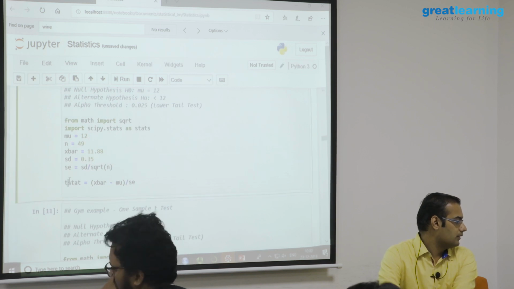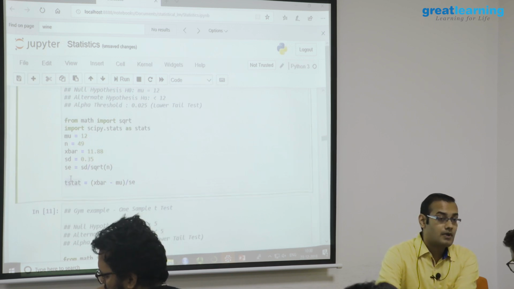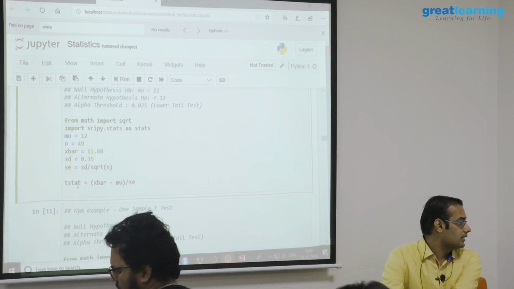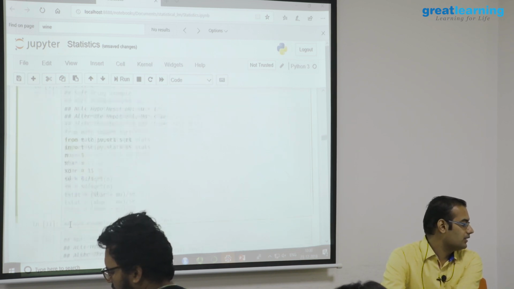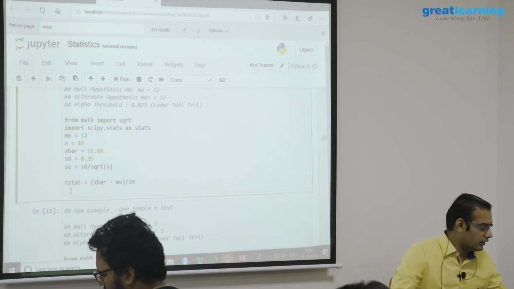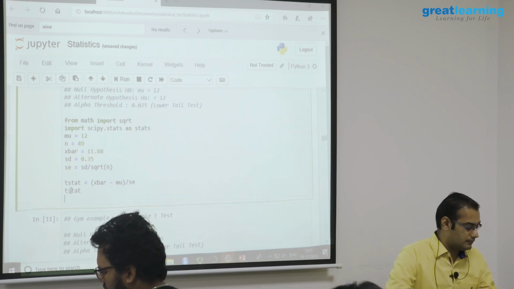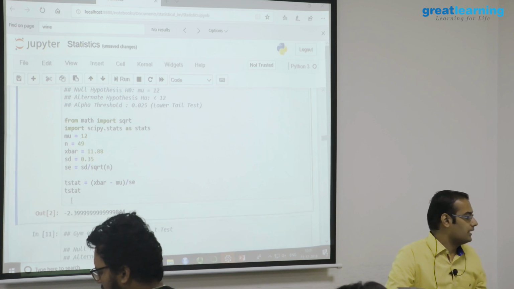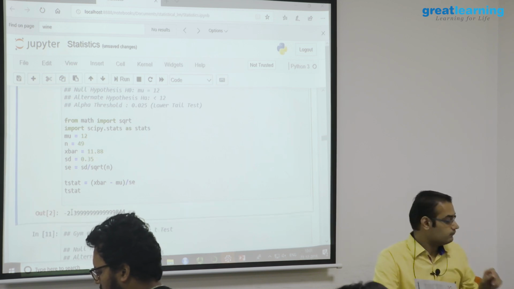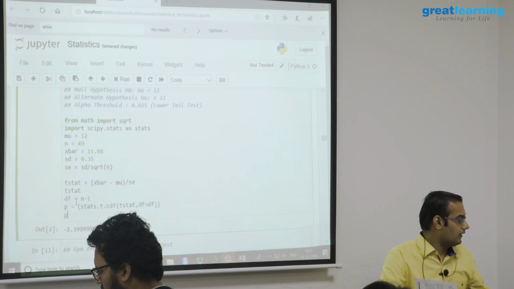What is the t stat coming? I deleted the remaining part. Okay, it's executing. Control enter. Minus 2.39. Okay, minus 2.39 is the value that we have got.